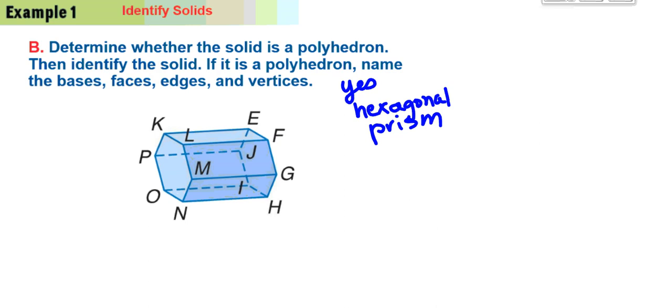And we're not going to write them down, we're just going to listen to that. So what are the 2 bases? Yep, hexagon KLMNOP, and what else? And hexagon EFGHIJ. So those are the 2 bases.